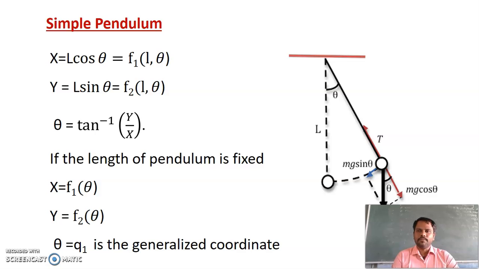Let us consider an example of a simple pendulum. Simple pendulum motion can be described by either Cartesian coordinates or plane polar coordinates. However, the best choice is plane polar coordinates.